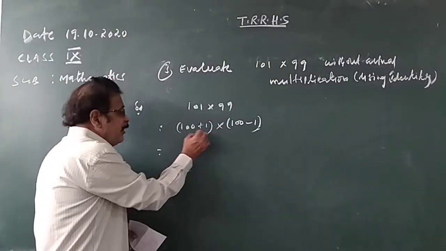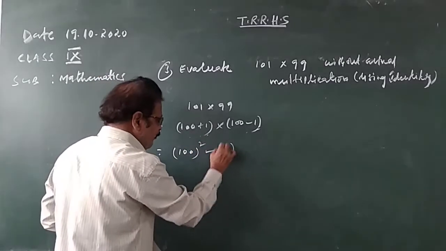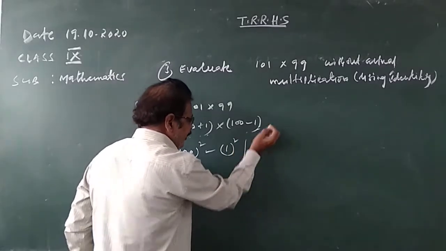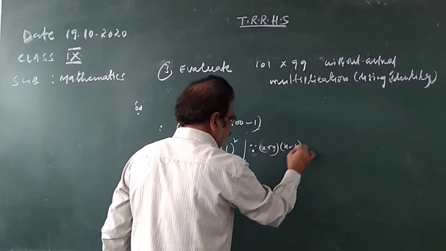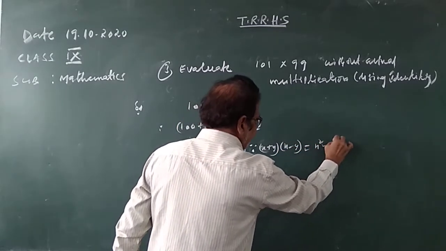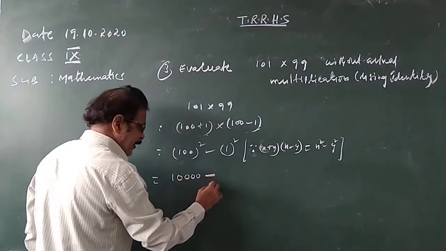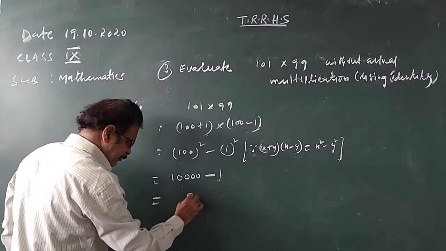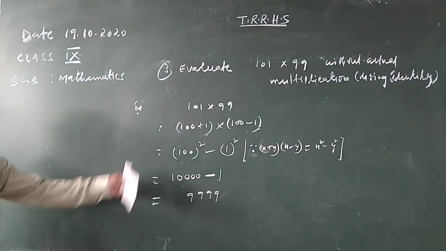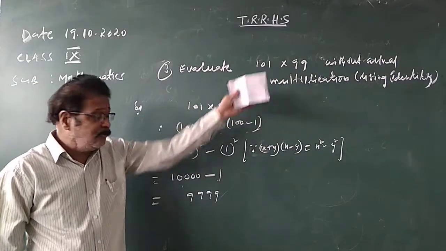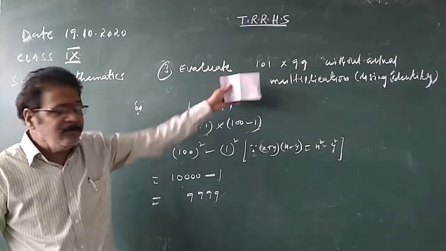Now this is in the form (x+y)(x−y), which equals x² − y². So 100² is 10,000, minus 1, is 9,999. Using the identity you can simplify. If you do actual multiplication also, you get the same 9,999. Without actual multiplication, using identity, you do like this.